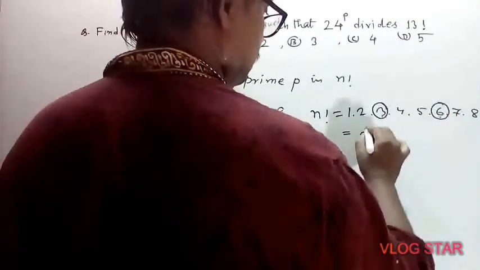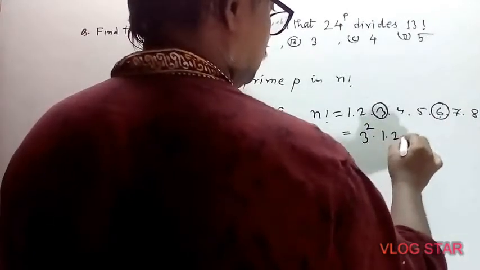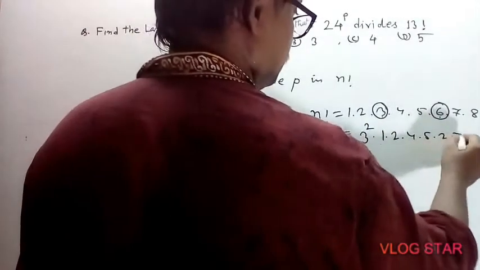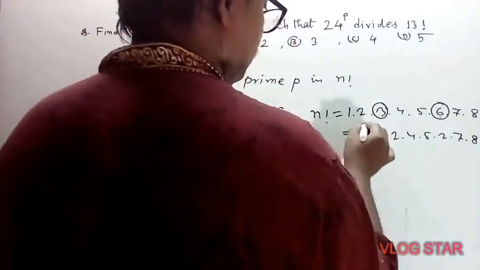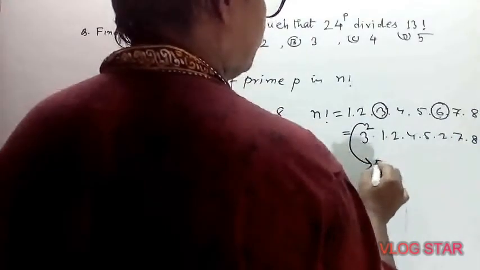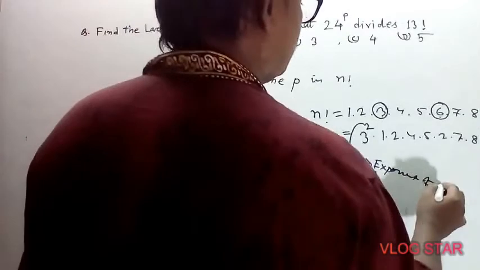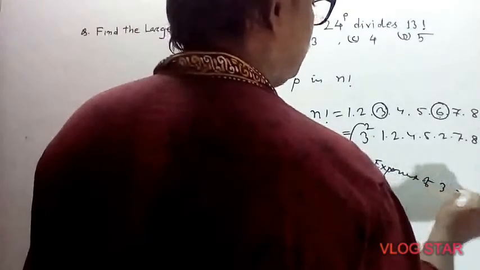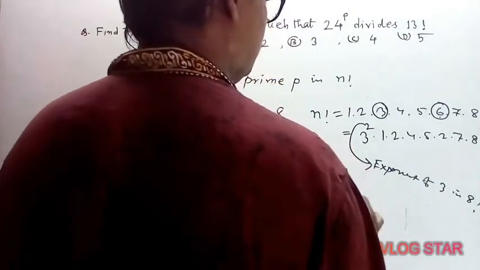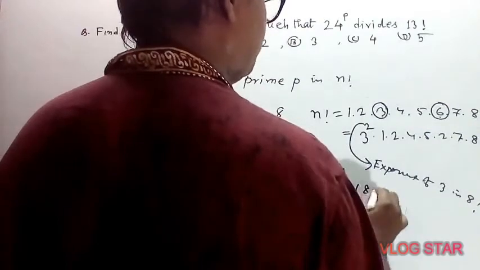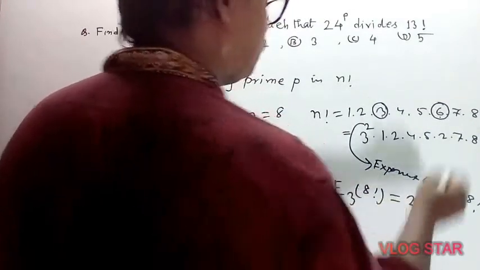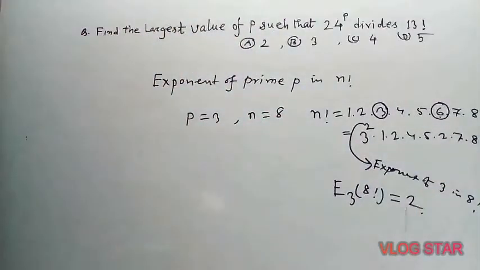So we get 3 square, times 1 into 2 into 4 into 5 into 2 into 7 into 8. This is the exponent of 3 in 8 factorial, that is, e of 3 in 8 factorial equals 2.